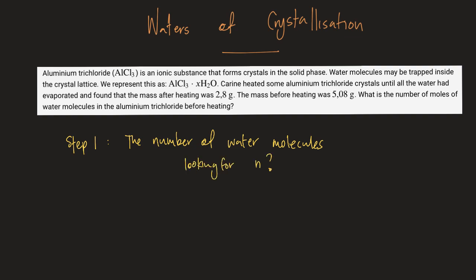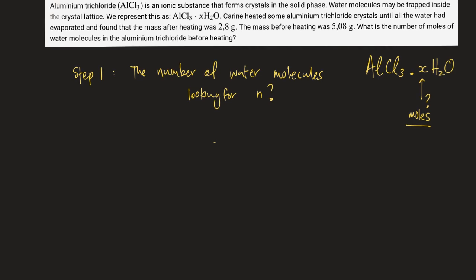Right now we've got AlCl3 dot XH2O. We need to find that X. And remember what I said, coefficients are moles. But we don't have everything in moles. We have everything in mass. So we need to first sort that out.